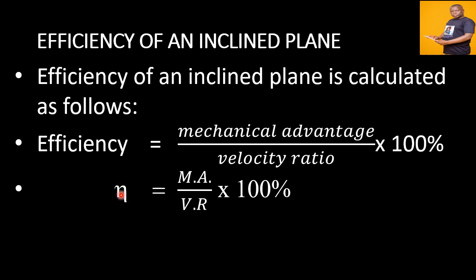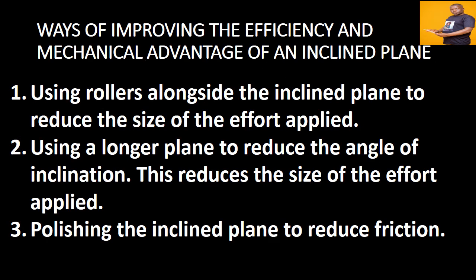So efficiency is going to be equal to mechanical advantage, MA, divided by velocity ratio, VR, multiplied by 100%. Whatever values of mechanical advantage and velocity ratio, you substitute here and multiply by 100%. It is going to give you the efficiency of that inclined plane.